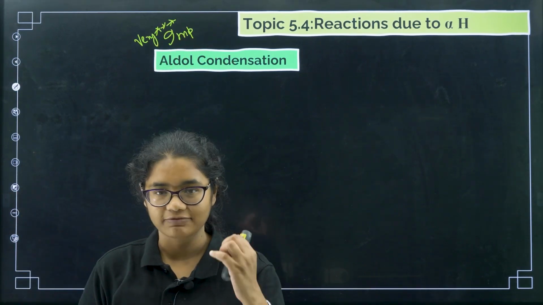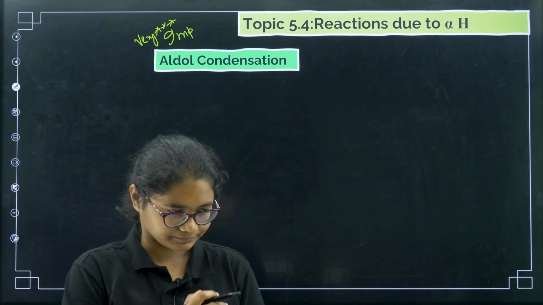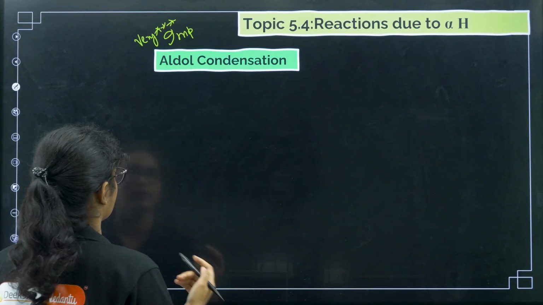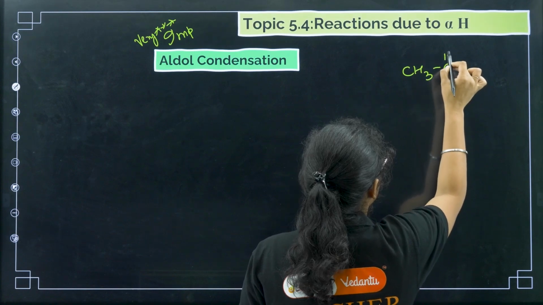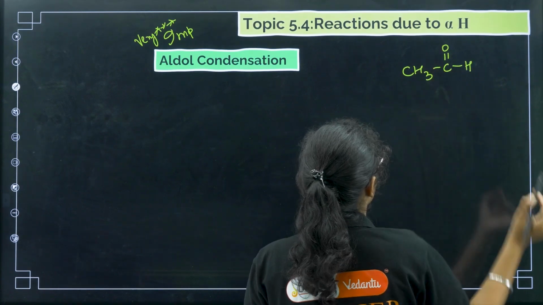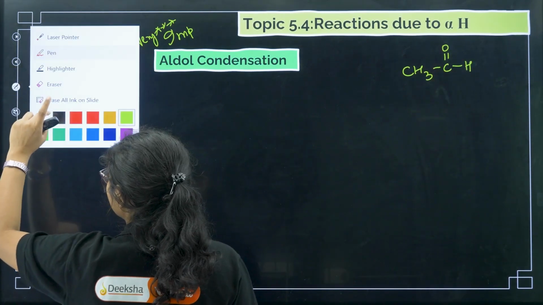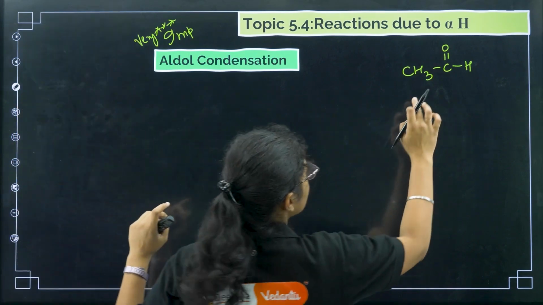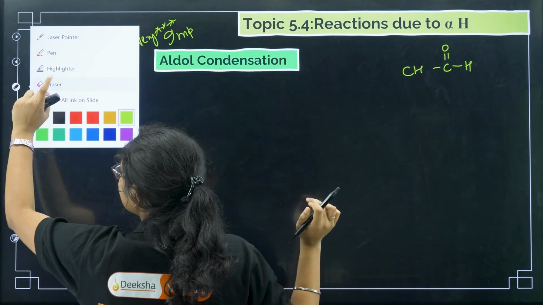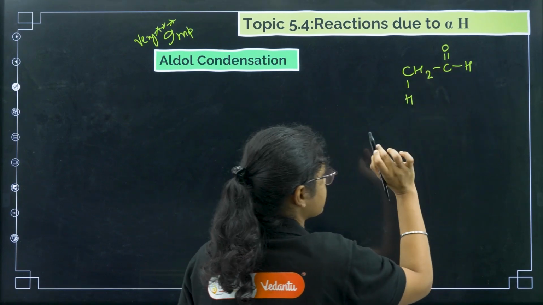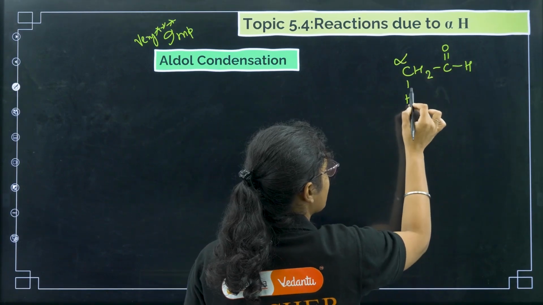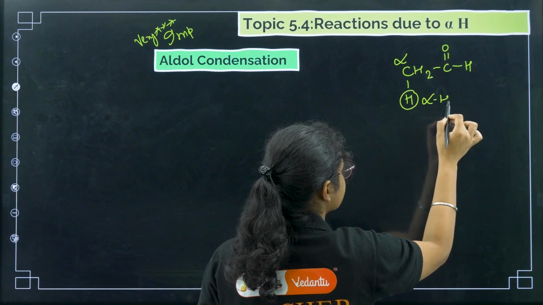Now what is this alpha hydrogen? First let us understand that. When you have an aldehyde or a ketone group, for example CH3COH, suppose this is the structure. This is the alpha carbon, and the hydrogen attached here is called alpha hydrogen.